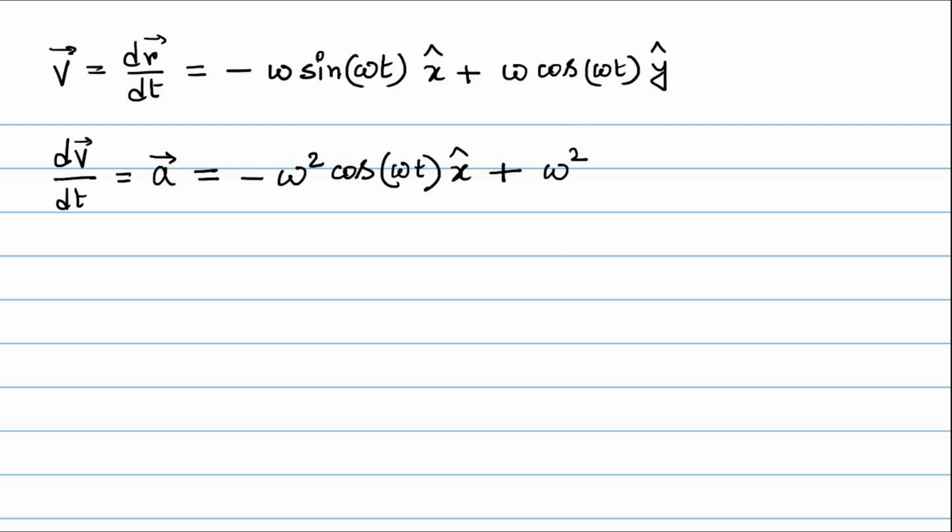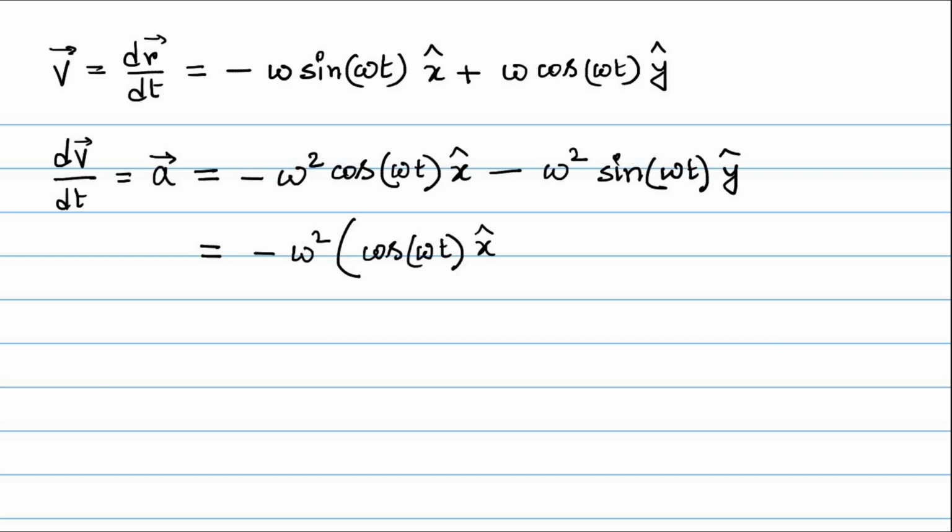Cosine becomes negative sine, so we should put a negative sign here, and then cosine becomes sine of omega t times y hat. Now you can factor out this negative omega squared, and you're left with cosine of omega t times x hat plus sine of omega t times y hat.